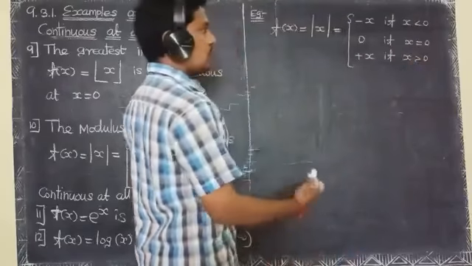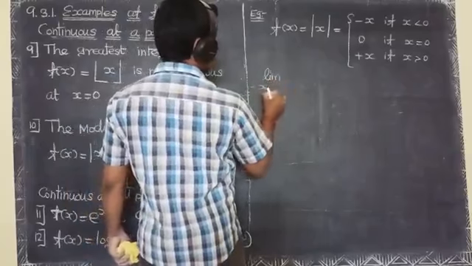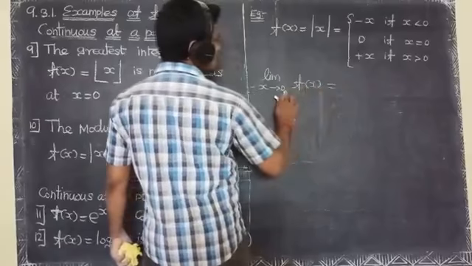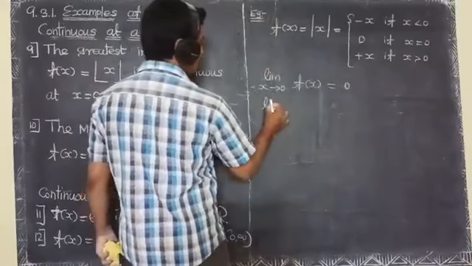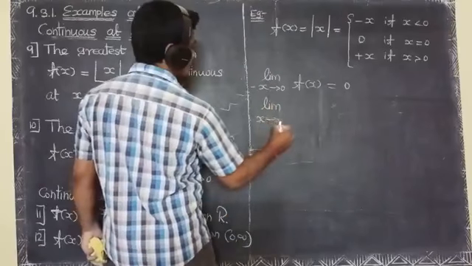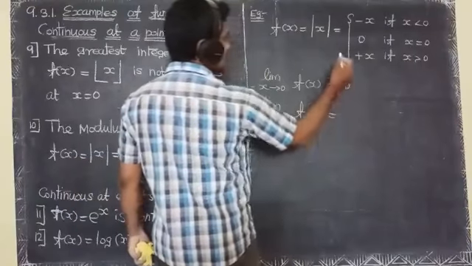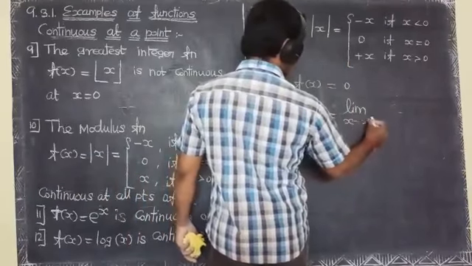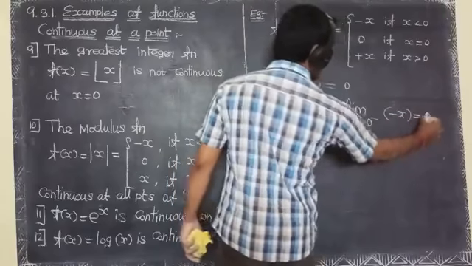To find the limit, that is limit x approaches 0 of f of x, which is equal to 0. Limit x approaches 0 minus, we choose the function minus x, replace x equal to 0, that is 0.